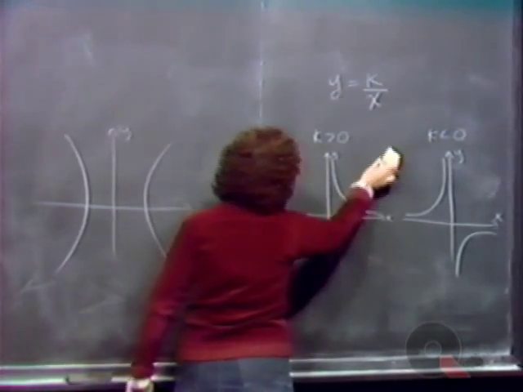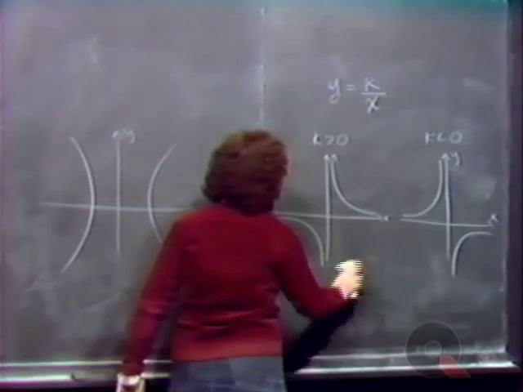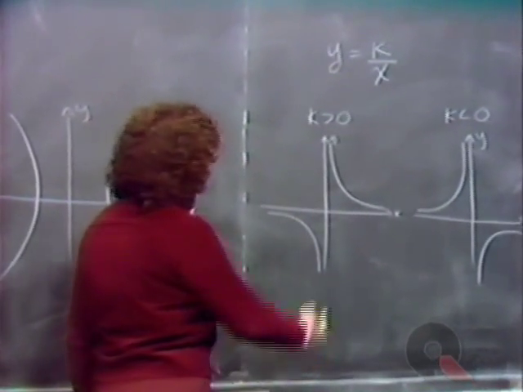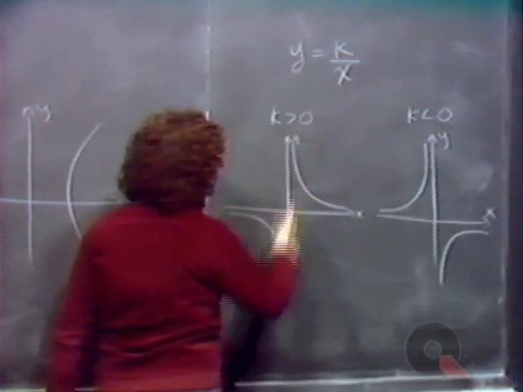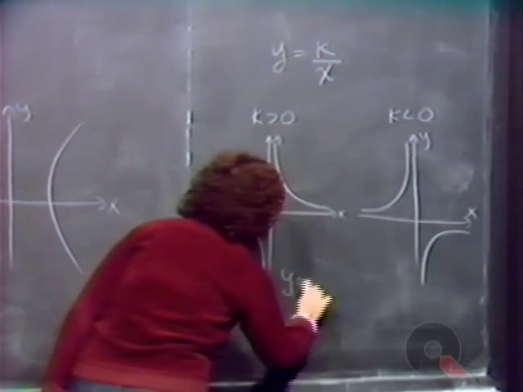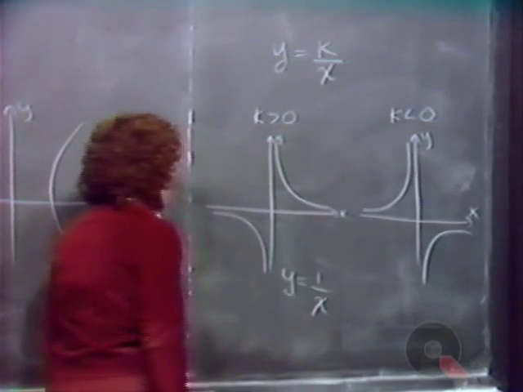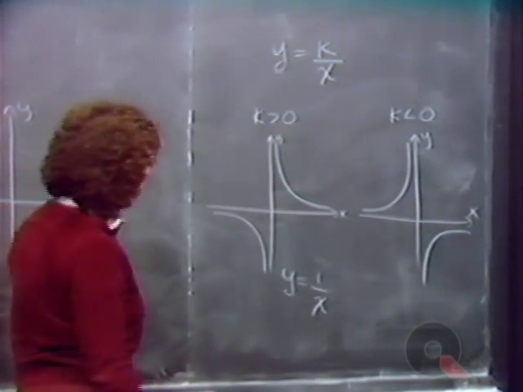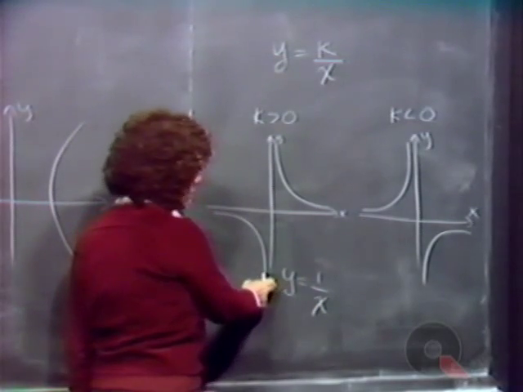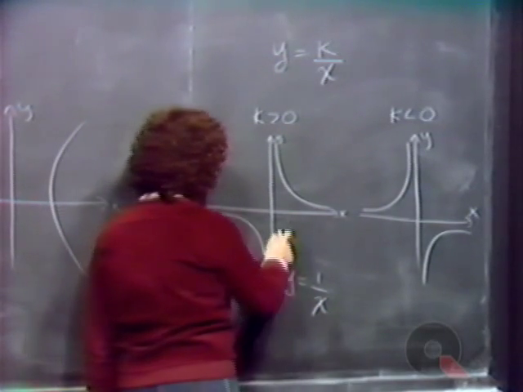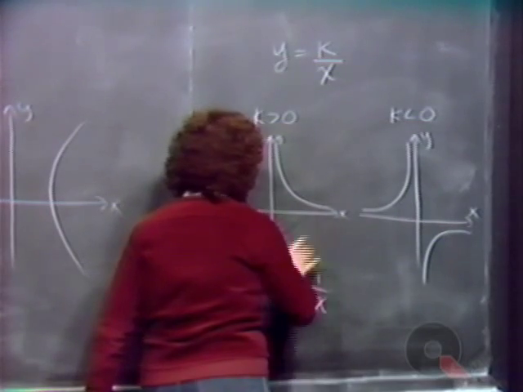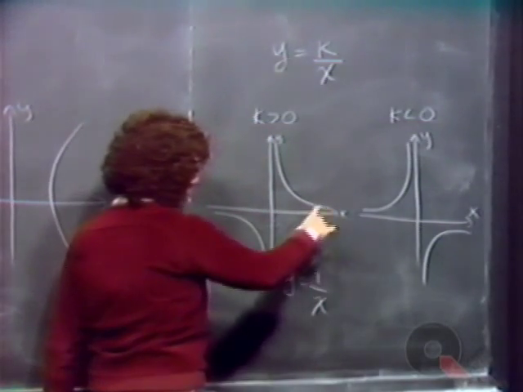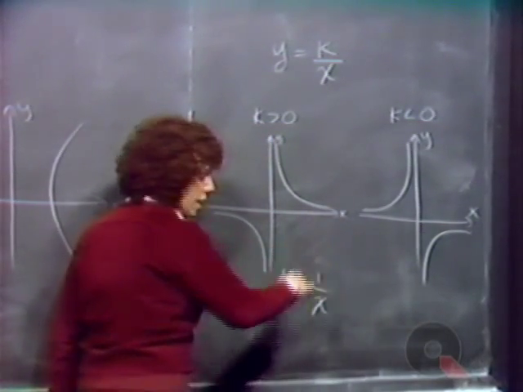Now how did I come up with a picture like this? Let's look at an example. For example, k is 1. Y equals 1 over x. Well, the first thing we notice is that if x is positive, y must be positive. Therefore, there can't be anything down here in the fourth quadrant, because these would be points that had x positive and y negative.